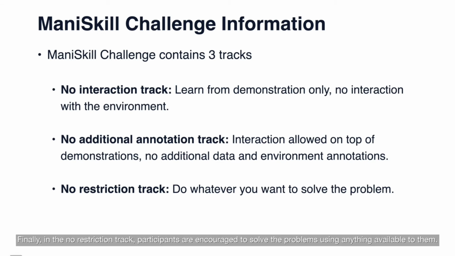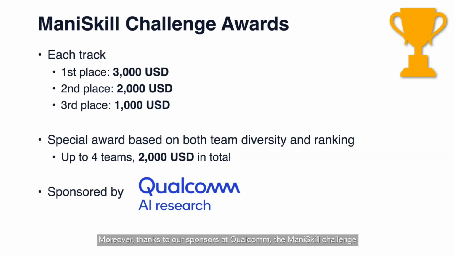Finally, in the no restriction track, participants are encouraged to solve the problems using anything available to them. Moreover, thanks to our sponsors at Qualcomm, the ManiSkill Challenge will be giving out monetary awards based on performance and team diversity. For each track, the top 3 ranking teams receive awards of $3,000, $2,000, and $1,000 respectively.